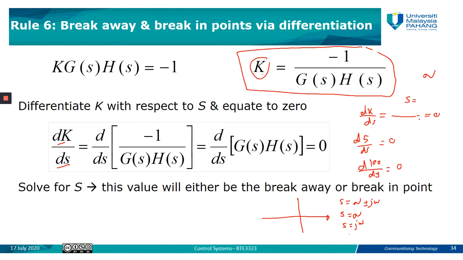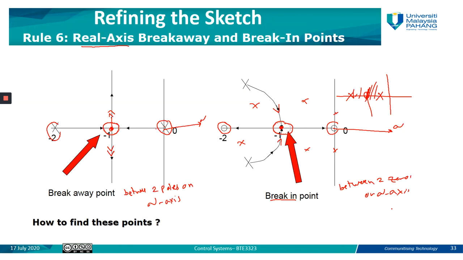Now, after we write this equation, we need to solve for the value of s. The value of s must equal sigma, because we are talking about the real axis, I mean the intersection or the crossing. The breakaway is always a real number. Along this axis, all the values are real. Along this axis, all the values are imaginary.